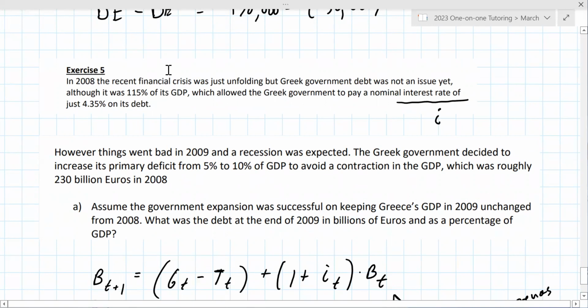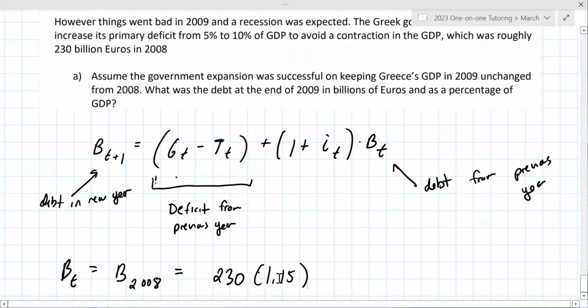The GDP was 230 and the debt was 115% of its GDP. So that's what we're calculating. Yeah, we know the GDP and the debt is 115%. So I guess that makes sense now. That's where that number comes from, 264.5. So that's one down, a couple to go.